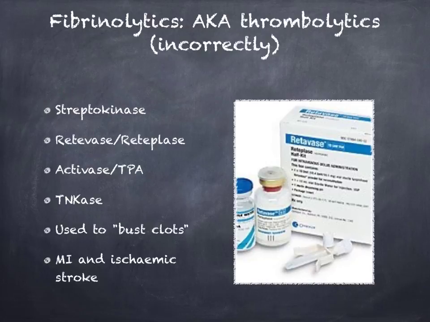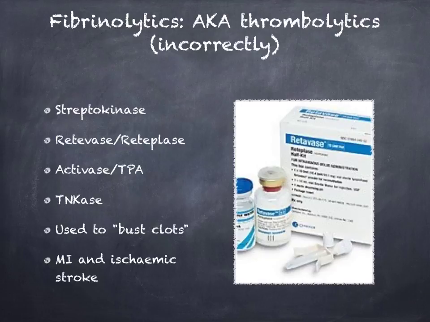Lo and behold, we were able to isolate the substances that cause the blood to hemolyze, and probably through recombinant DNA technology, we were able to purify the substance. It's called streptokinase because kinase is an enzyme, obviously, and it comes from strep, and it breaks down clots. This is really the first generation medication. It was reasonably effective.